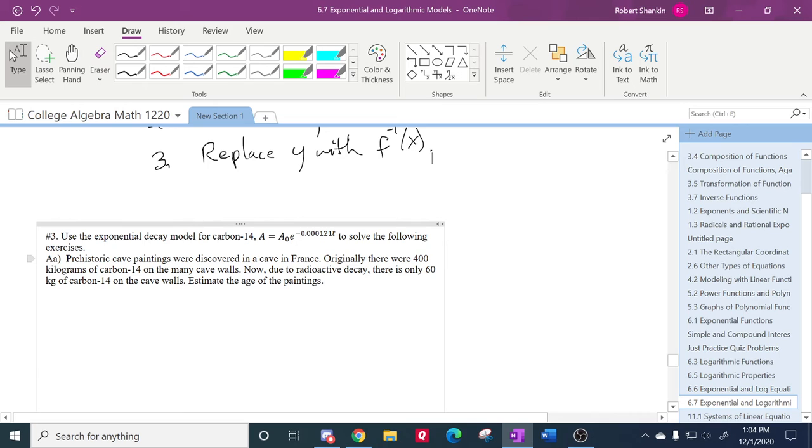Now there's only 60. Estimate the age of the paintings. And A and A0.